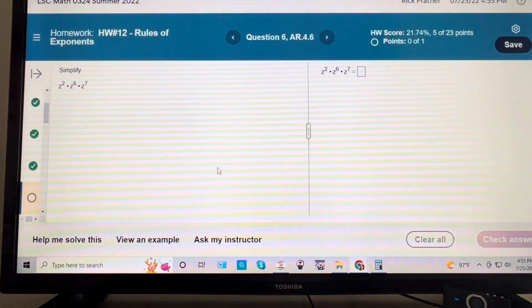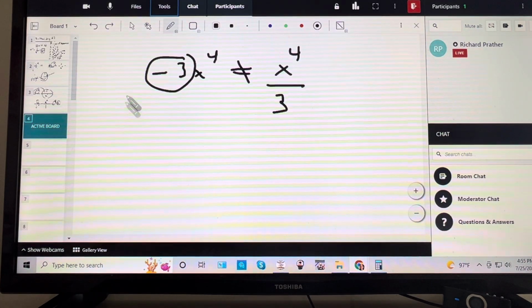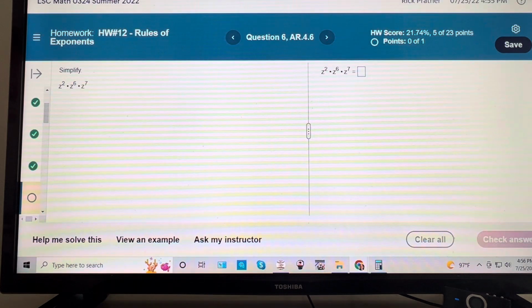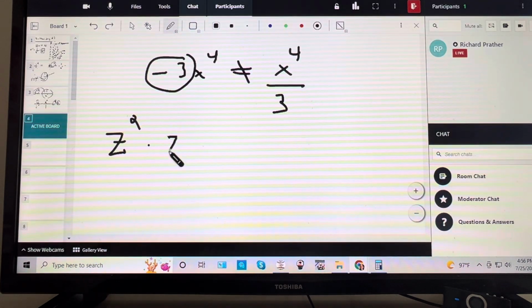Okay, so now we move to the next rule, z squared times z to the 6th times z to the 7th, or even if you just had 2 of these. Let me just do the first 2. Z squared times z to the 6th. This is a rule of exponents.